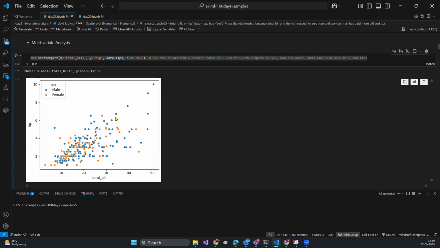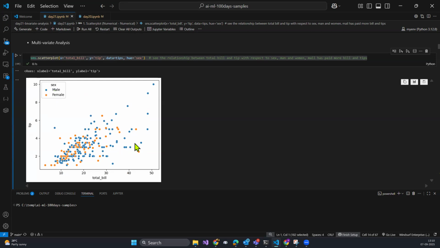Those who paid the higher bills were male. Females were fewer compared to males. And in giving tips also, I think males dominate on the higher tip side. So this is one analysis.